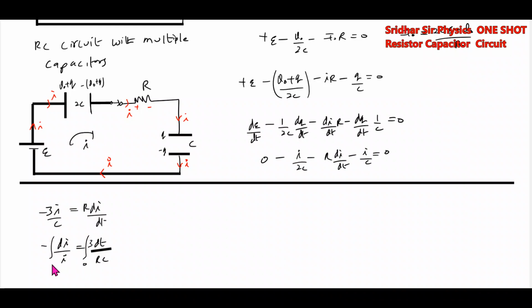At t equals 0, what is the current? I naught. At any time, let it be I. Integrating, this will become log of I by I naught equal to minus 3t by RC. This is the expression for current.